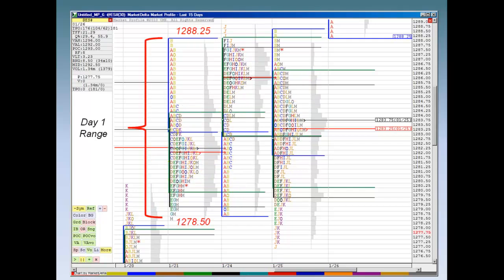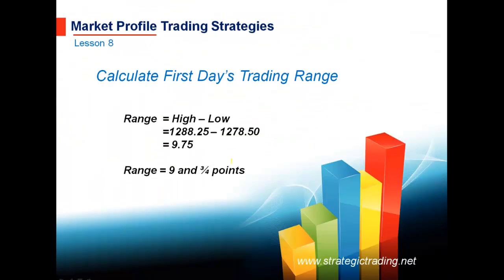We're going to begin by looking at day 1, and we're going to look at its range. And remember, we identify the range by looking at where the low is and where the high is for the day. In this case, the low was 1278.50 and the high was 1288.25. So obviously, that gives me a range of 9.75.